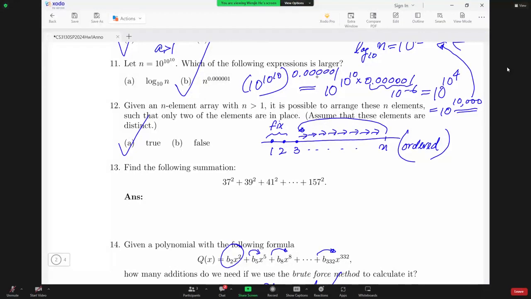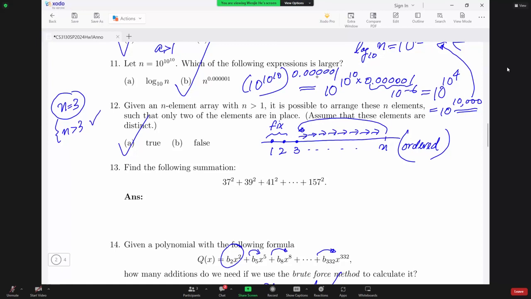Right. That student asked, it doesn't work for n equals 3. Yeah, you're right. n equals 3 is the one not working. Other than that, all work. So when n equals 3 it's not working, but n greater than 3, it works.